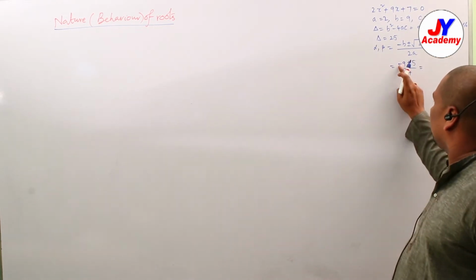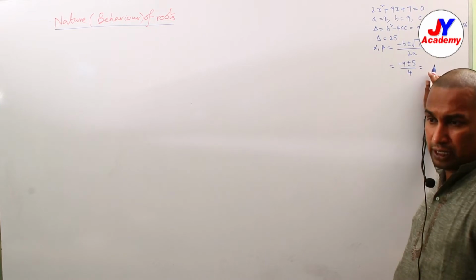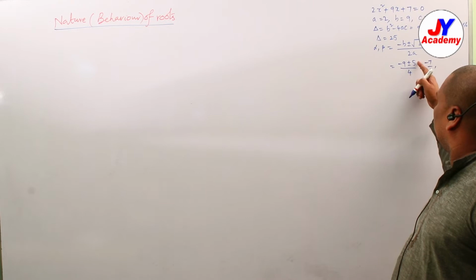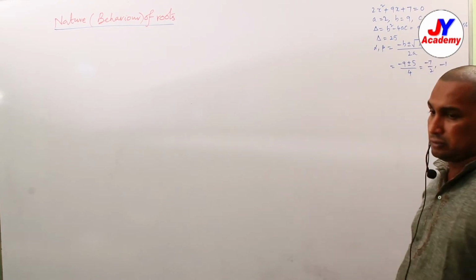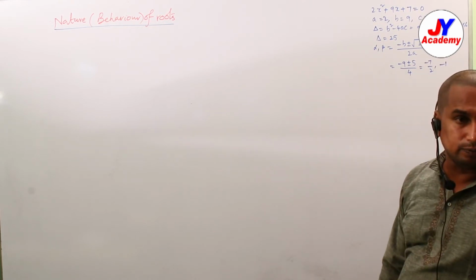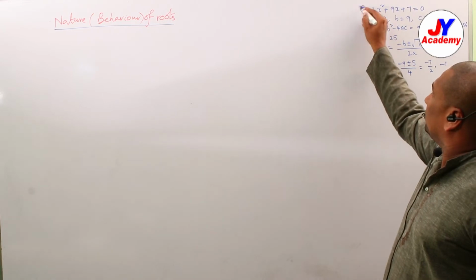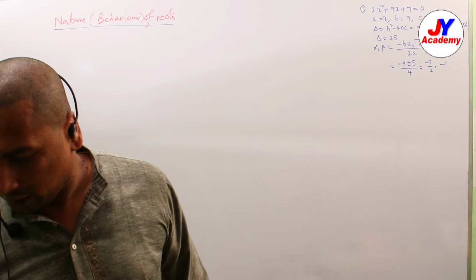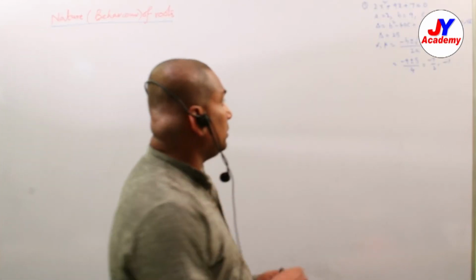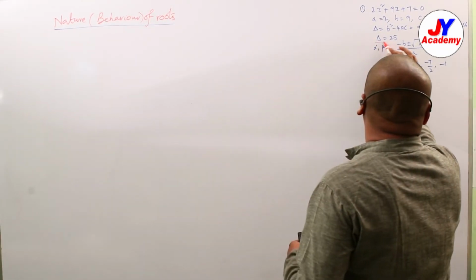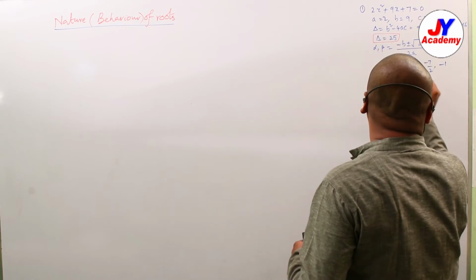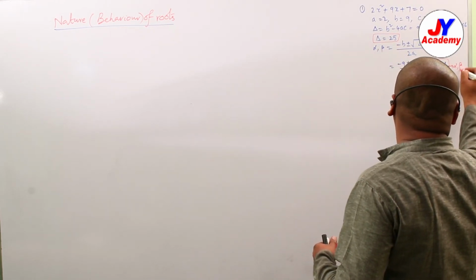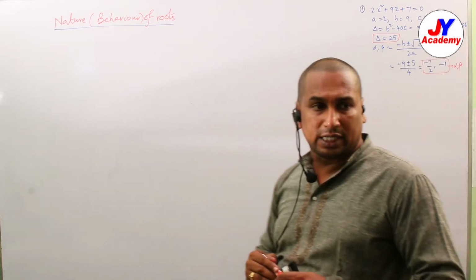If you take minus 9 minus 5, that is minus 14, minus 14 by 4 means minus 7 by 2, and minus 4 by 4 means minus 1. That is the first example. Now you have to observe here delta and roots, alpha, beta.